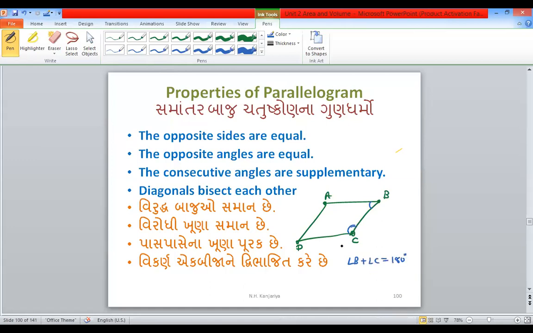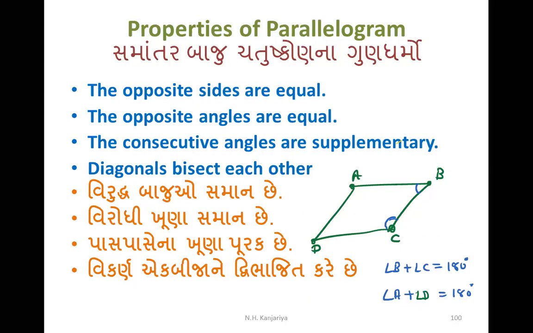They are the consecutive angle. Similarly, A plus D. It's also supplementary, it's 180. Sorry, A and D, not B. And now take the 180 plus 180, 360. So remember this thing, the consecutive angle is also supplementary.